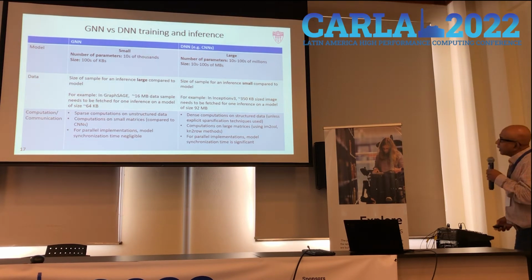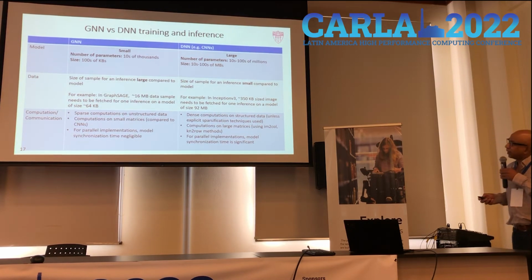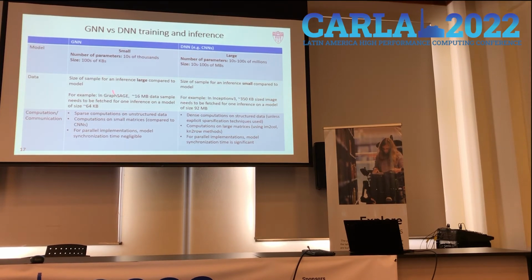Very quickly, I touched upon this topic earlier. What is the difference between GNN training versus deep neural network training? What are the differences that make this problem different compared to CNNs? The number of parameters in the model is small compared to DNNs. The data size you're using for sampling, the adjacency matrix representation, is quite large compared to DNNs.